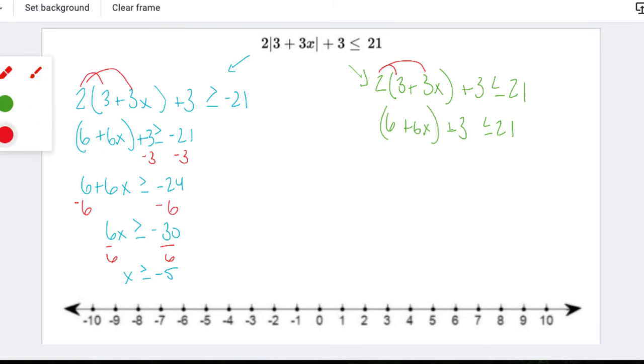We're going to do the same steps we just did. Subtract 3, minus 6, divide by 6. We're just going to get different numbers because the 21 is positive, not negative. So now we have 6 plus 6x is less than or equal to 18.